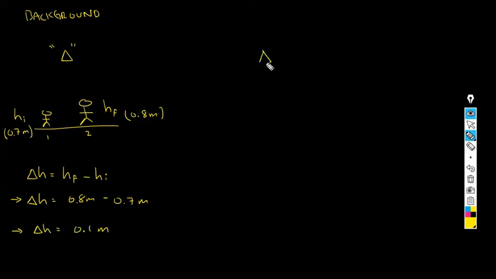When I write delta v, or change in velocity, all I'm saying is a final velocity minus an initial velocity. That is a change in velocity. And I can use it for so many other things.